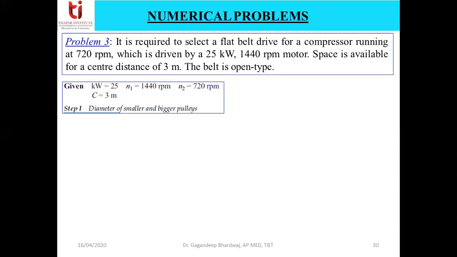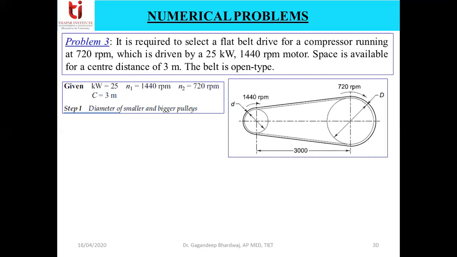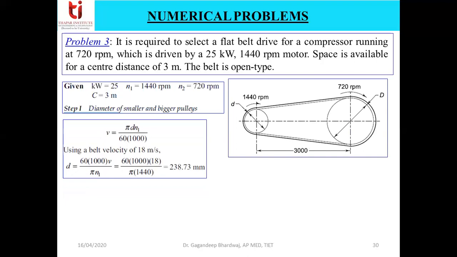So the diameters of the smaller and bigger pulley can be calculated. This is the diagram. V equals pi d n by 60. We can take the velocity between 17.8 to 22.9, so we have assumed the velocity as 18 meter per second. By using 18 meter per second in this, you can calculate the diameter of the smaller pulley.